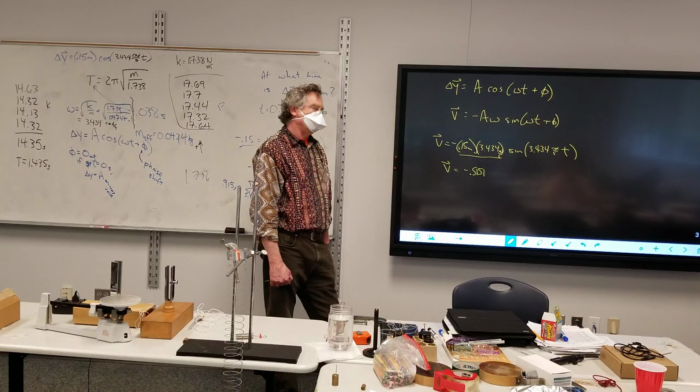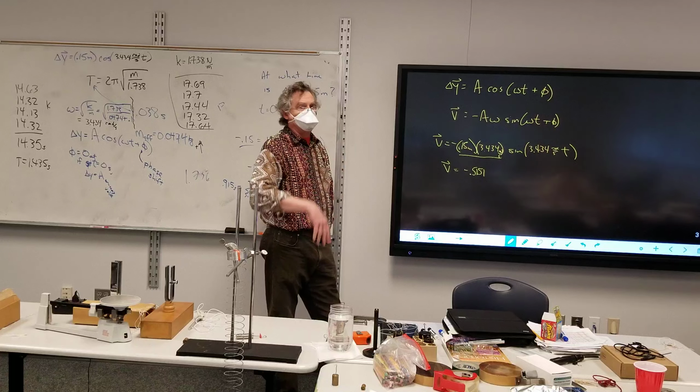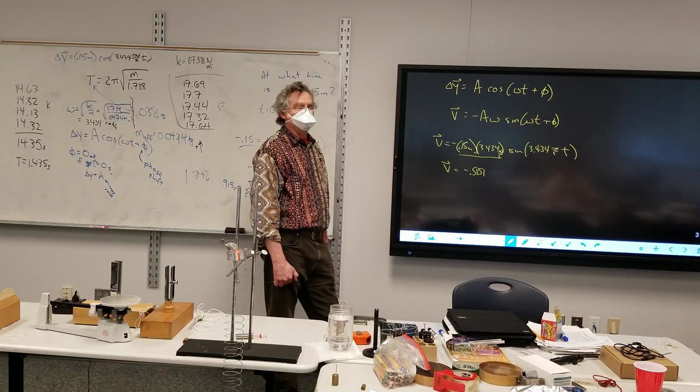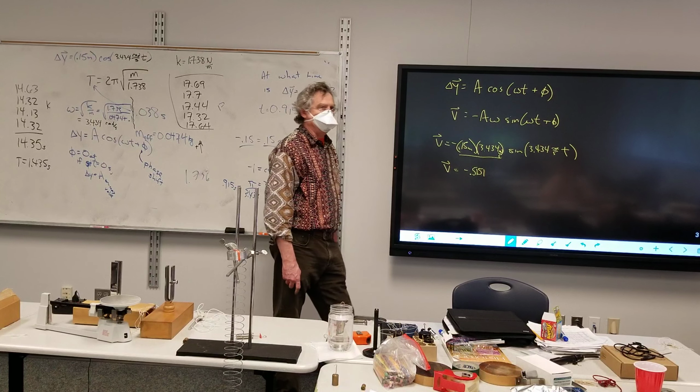Is it radian meters per second? If you wrote down radian meters per second, I would accept it. However, remember radians is a unitless unit. So when it's convenient, just don't write it.